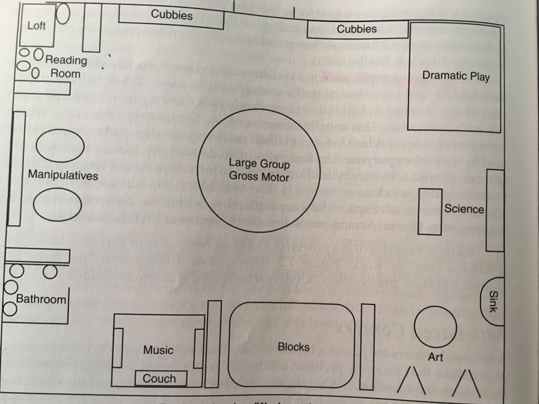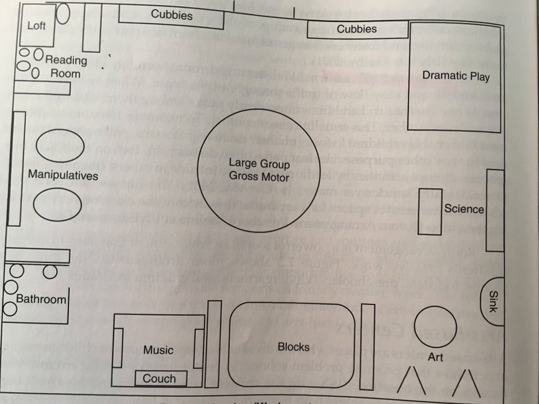So here is an example of a toddler classroom. Okay, you can see, no. This is an example of the preschool and kindergarten classroom. So you can see that there is an area in the middle for movement, that there is, of course, a bathroom in there, which makes it really easy.